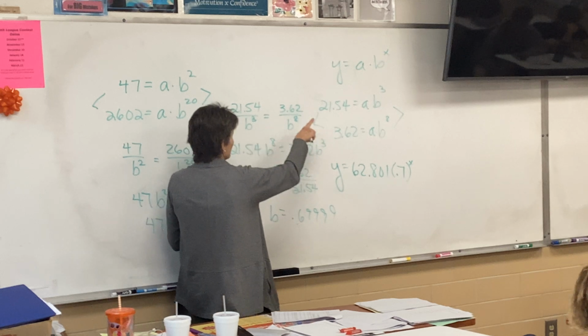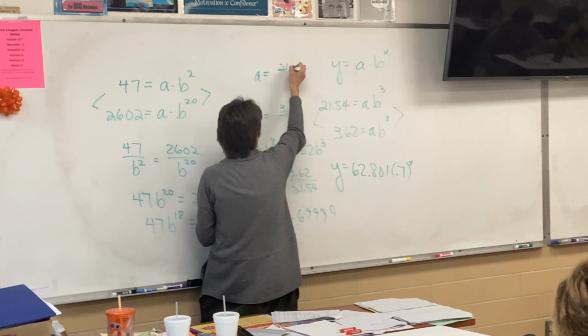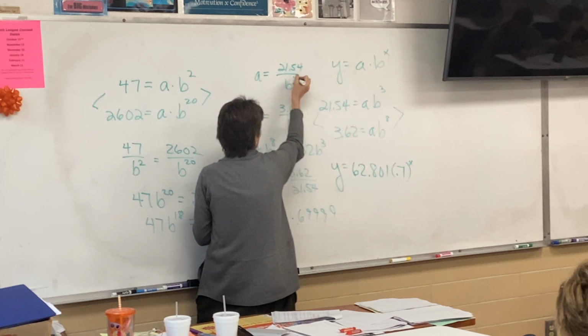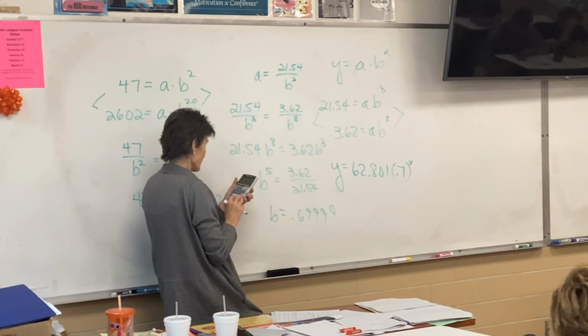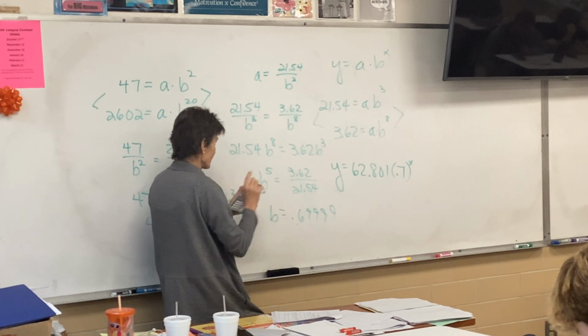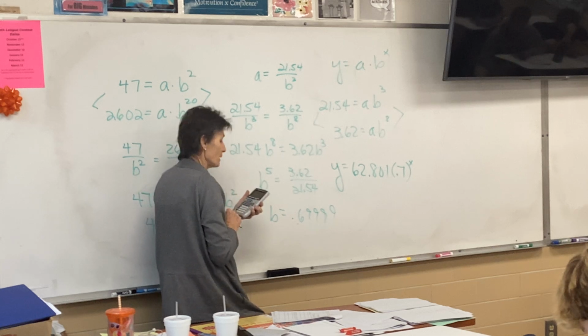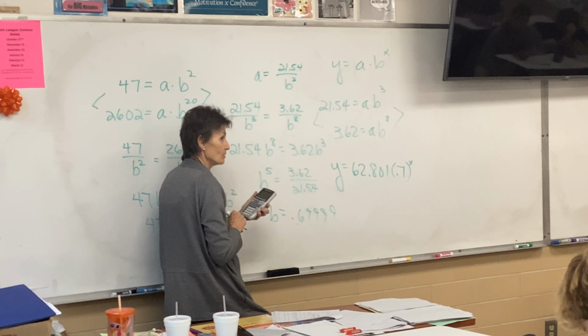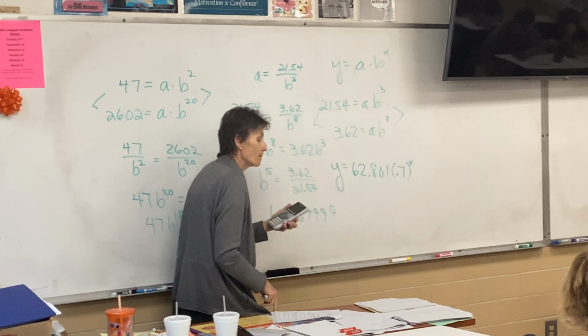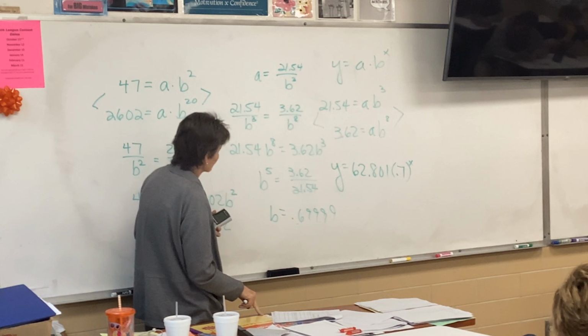So then I know that A equals 21.54 over B cubed. So I just typed 21.54 divided by that 0.69 number, cubed, and I got 62.801. You find your mistake? Yeah, I figured out my mistake, it was just a rounding error.